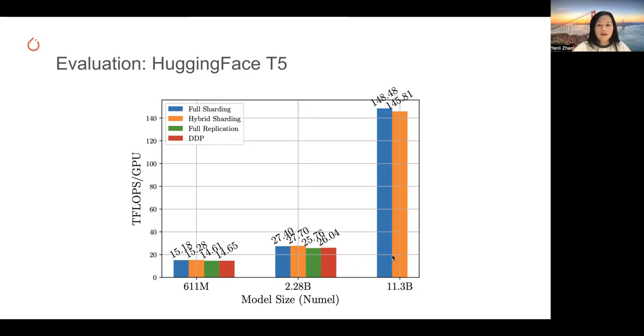In contrast, FSDP can easily accommodate the 11 billion model and achieve significantly higher TFLOPs by turning on bfloat16. These experiments illustrate that users can utilize FSDP for both small and large models, just by smoothly configuring the sharding strategies.